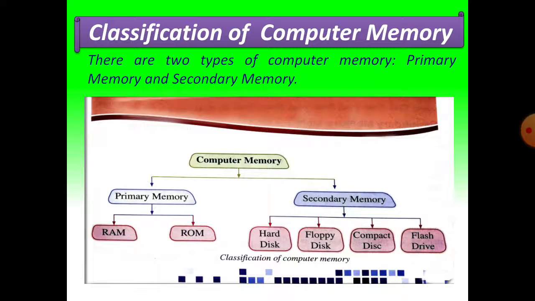Primary memory is also divided into two subcategories, namely RAM and ROM. And secondary memory is divided into subcategories, namely hard disk, floppy disk, compact disk, flash drive, etc.